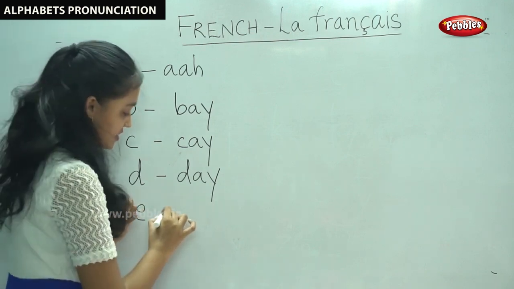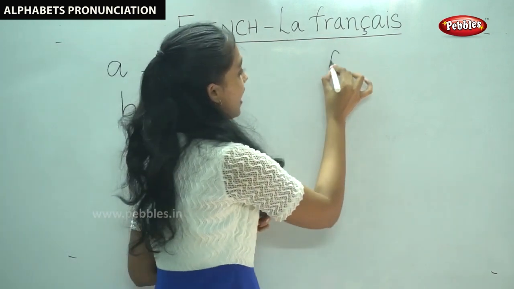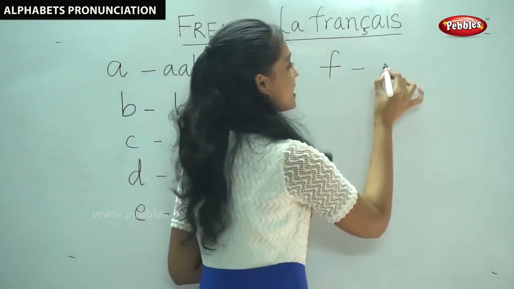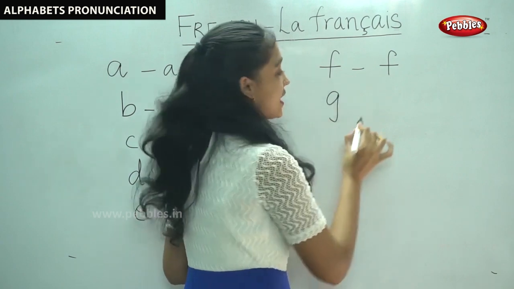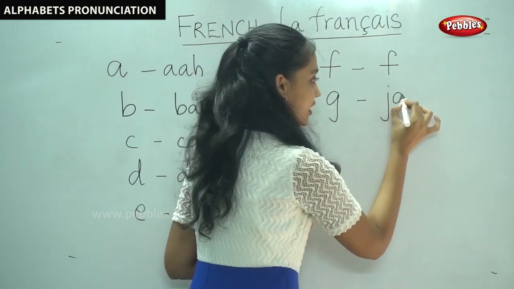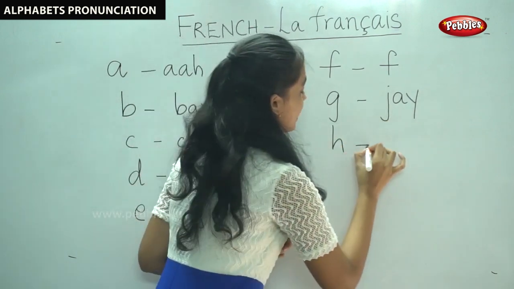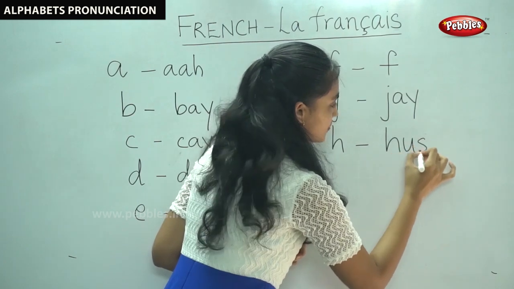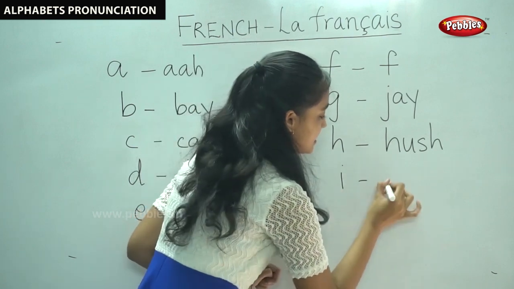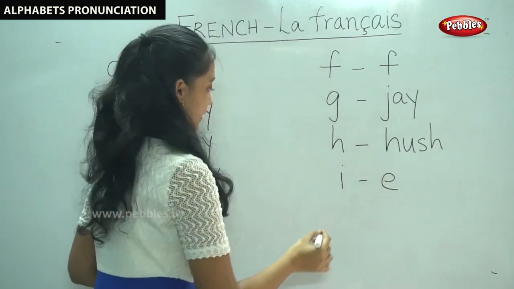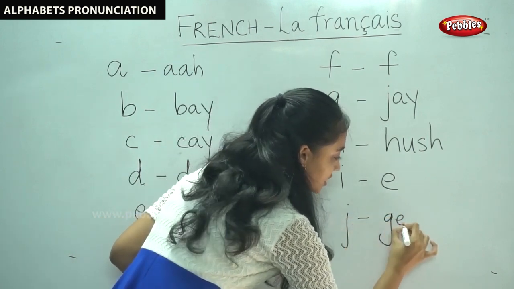E is pronounced as a. F is pronounced as F. It's the same. G is pronounced as J. H is pronounced as hush. I is pronounced as E. J is pronounced as G.